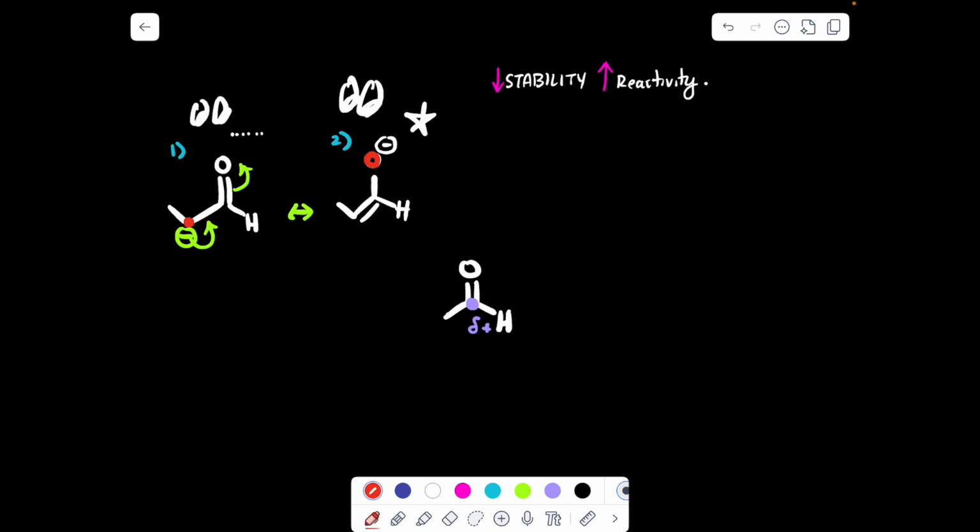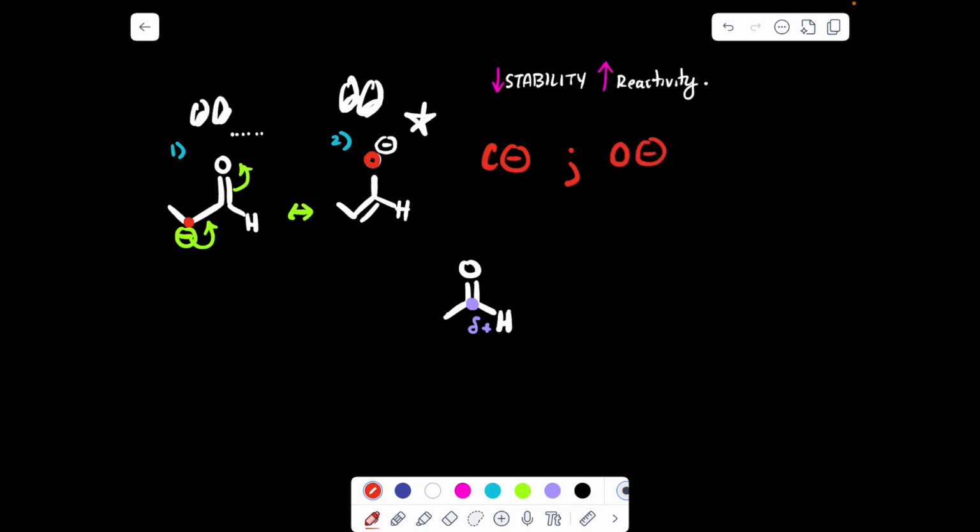But the question is, does this atom do the attacking, or does this atom do the attacking? The answer lies within this trend. Which negatively charged atom, so which red atom, is more unstable, hence more reactive? Is a carbon anion or an oxygen anion more reactive?